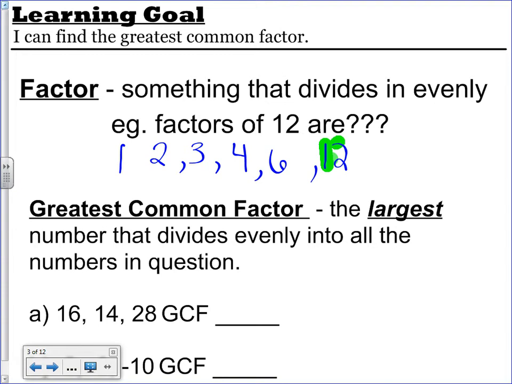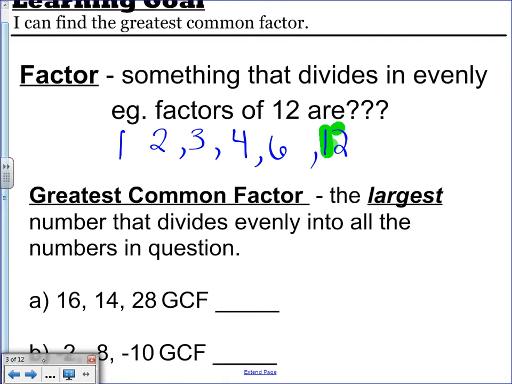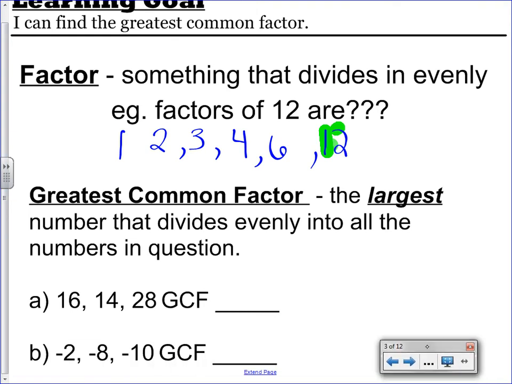And our goal today is we're going to find the largest factor of multiple numbers that they have in common. So the greatest common factor is the largest number that divides evenly into all of the numbers in a question. So I have 3 numbers here for you. 16, 14, and 28.